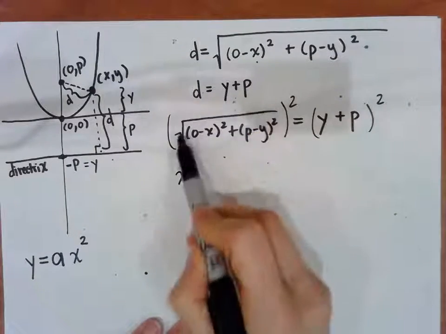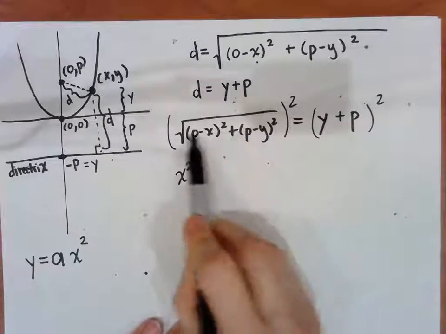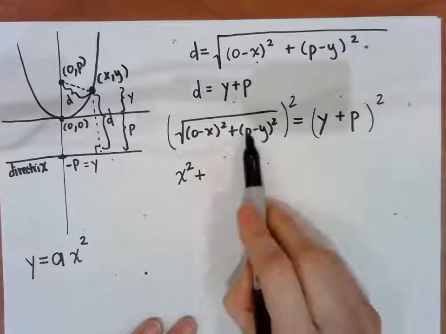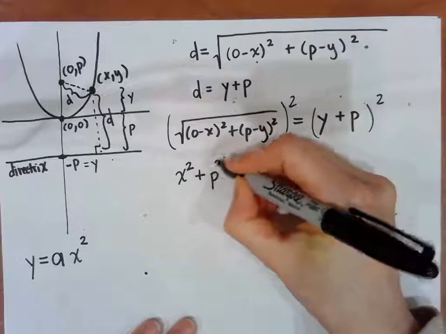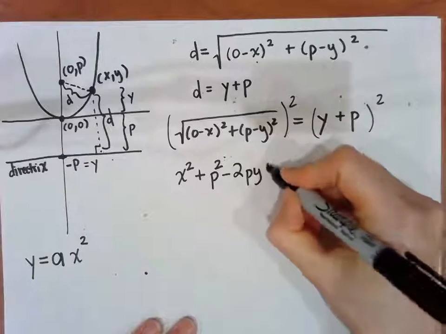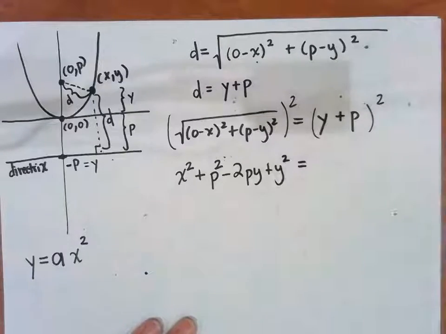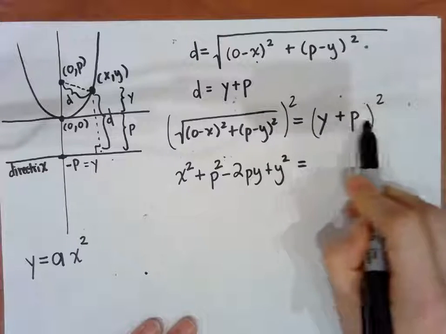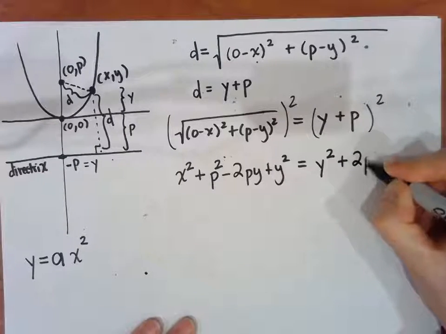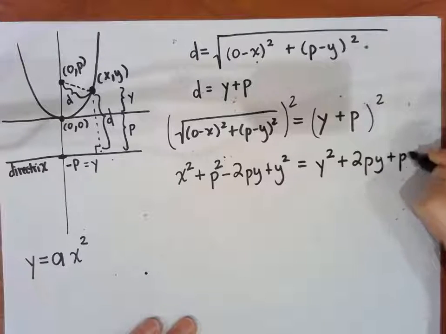Of course, we're taking the square root symbol away when we square it, so I'm figuring out what that would be in one step. And now we've got to square this, so we're going to get p squared minus 2py plus y squared. And when we square this side, we're going to have y squared plus 2py plus p squared.